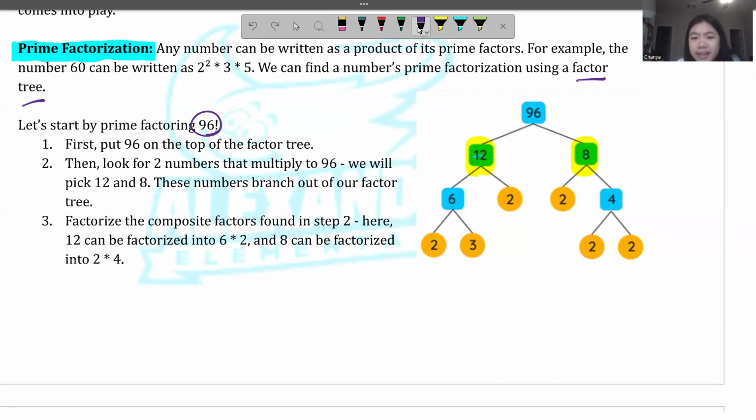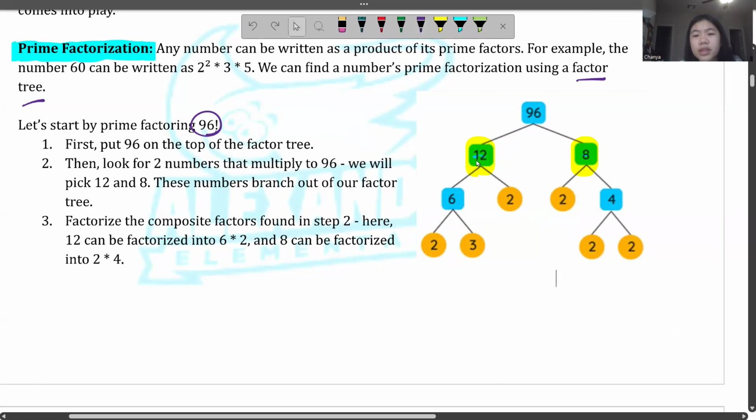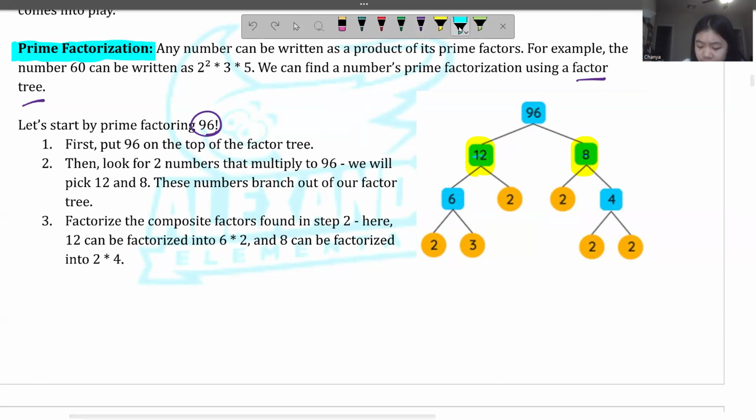Now we take each of those two numbers and do the same thing. Let's take 12. What two numbers multiply to get 12? Any two numbers will work, so I picked 6 and 2 in this case. Similarly, I looked at 8. Which two numbers multiply to get 8?